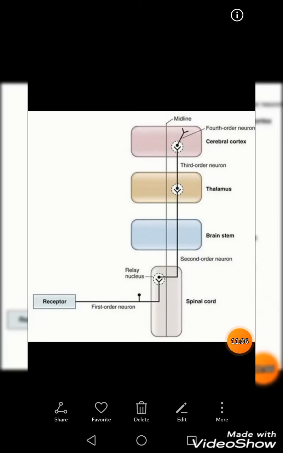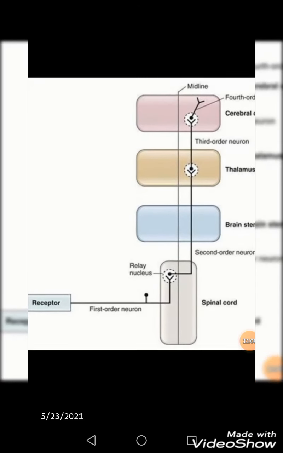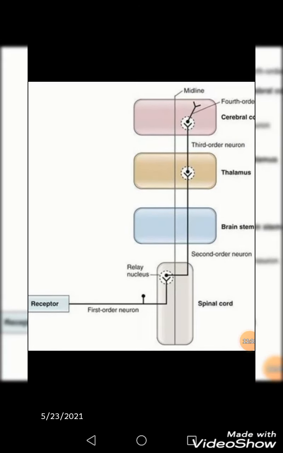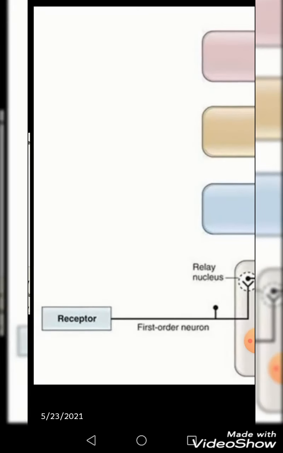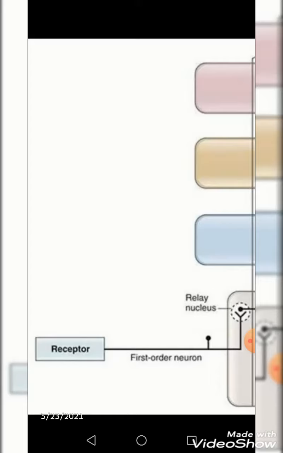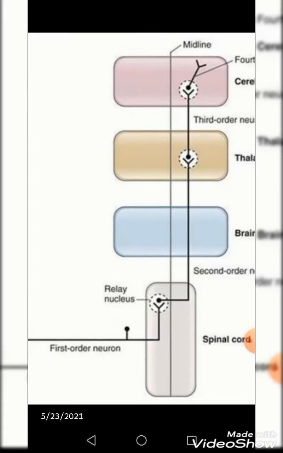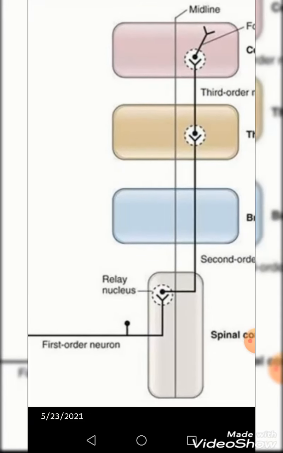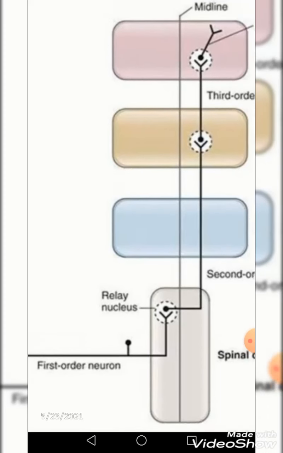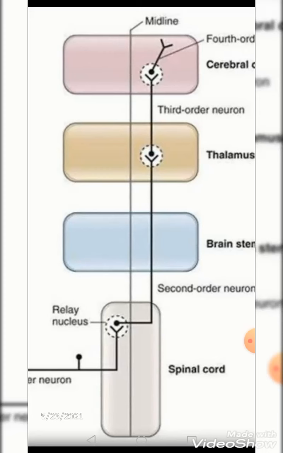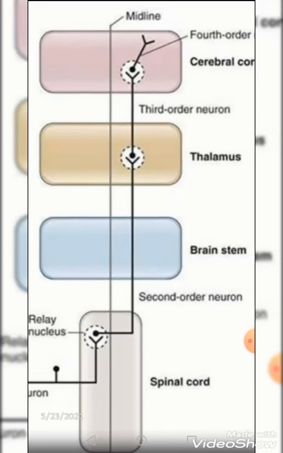Here is a very important diagram to learn about the neurons, how they reach towards their destination. Concentrate that the first box is showing the receptor. From here, first order neurons take information towards your spinal cord and reach the relay nucleus. They are first in command. From here, second order neurons ascend upward through the brainstem and reach your thalamus.